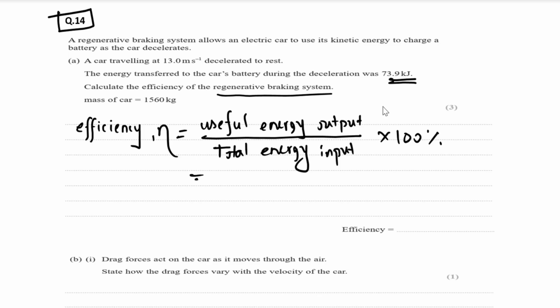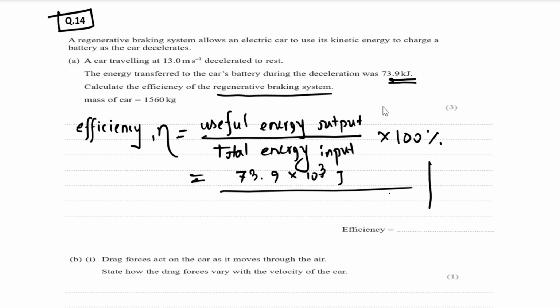So here useful energy is 73.9 kilojoule, so 10 to the power 3 joule, divided by total energy input. So total energy here is the kinetic energy of the car.